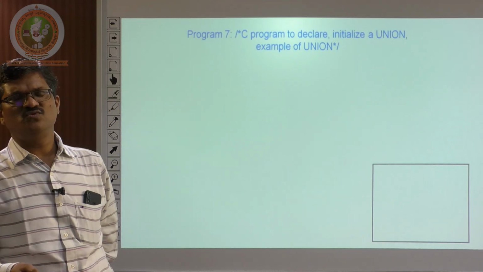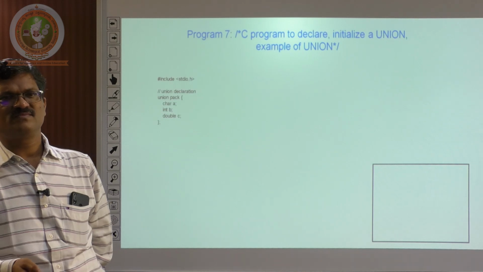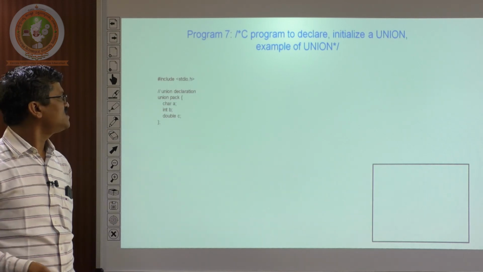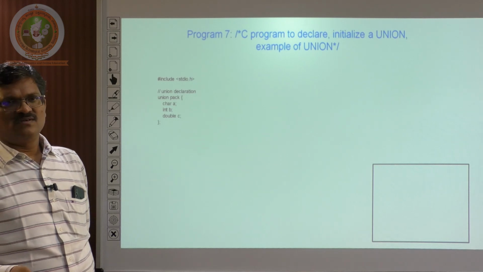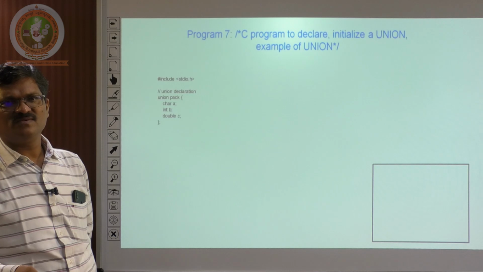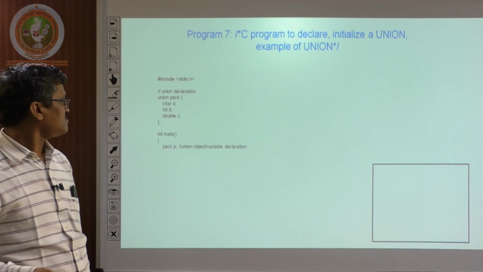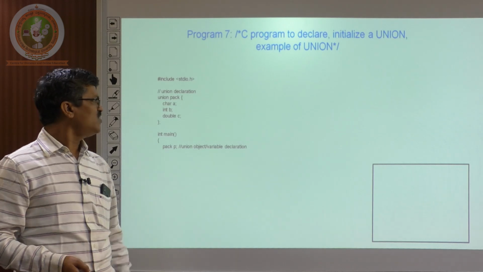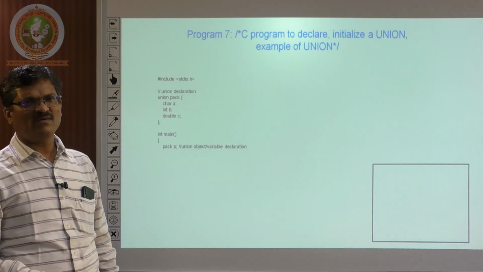Another program to declare and initialize a union. I will be a little fast. So, union pack, a character A, integer B, double C. Here we declare a union object, a variable called P of type pack.